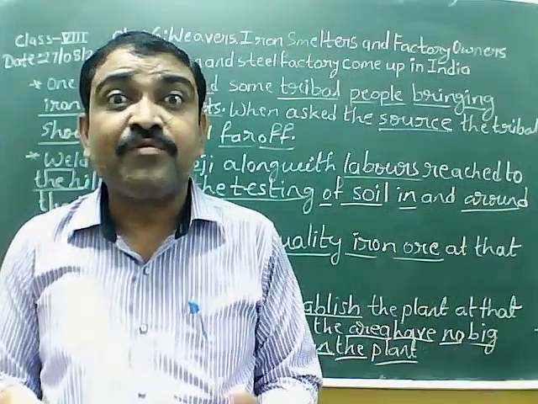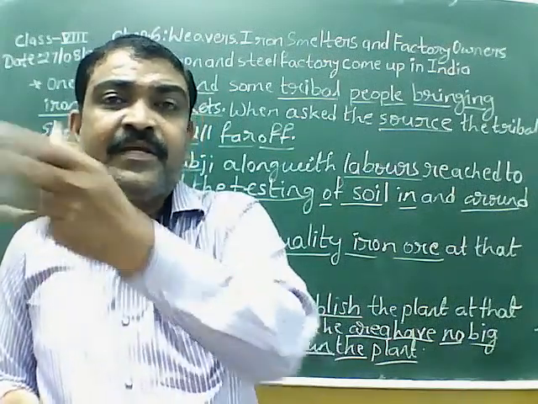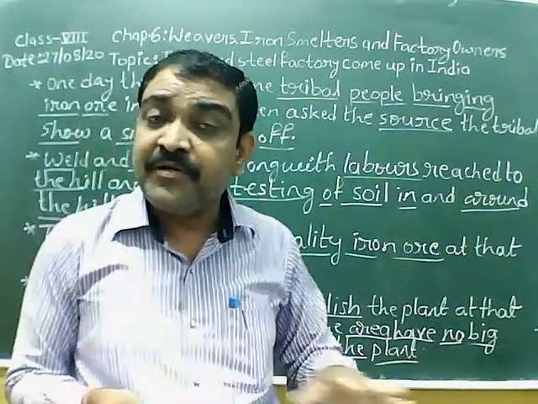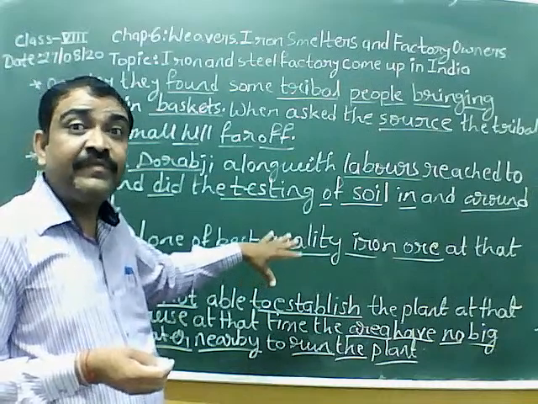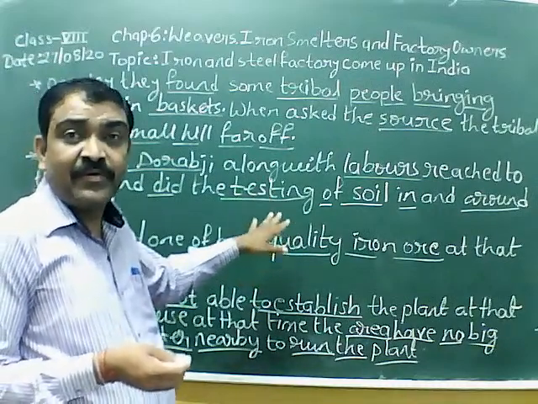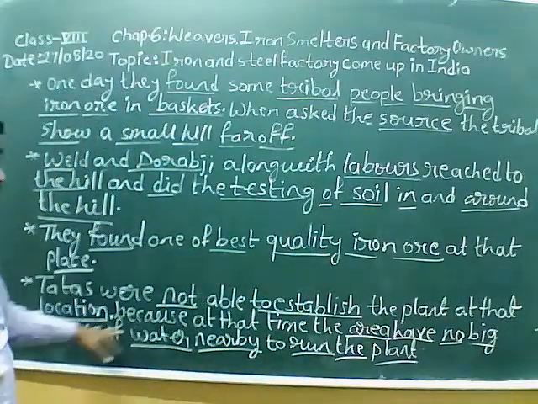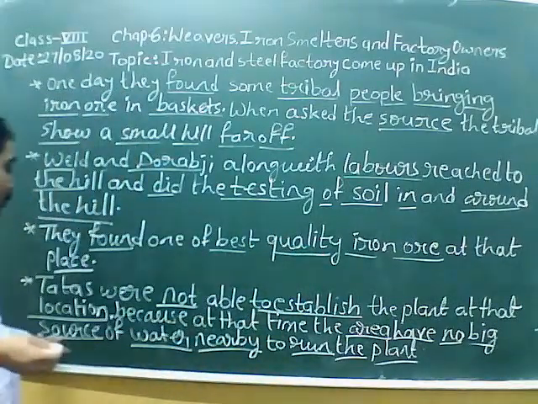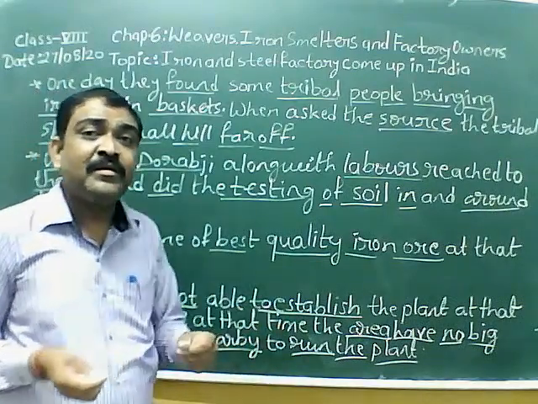We required a big source of water. Okay, so we are getting the water from nearby dam area, but we are talking about at least 150 years back. At that time, at that location, there was no big source of water nearby to run the plant.